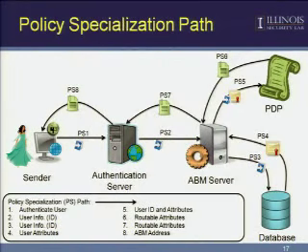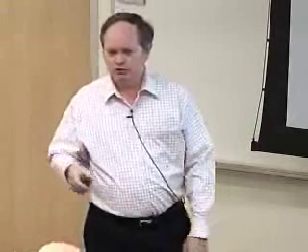So in the policy specialization path, this is how you compose an ABM address and also get your permission to send the message. Okay? And so the way you do this is the sender goes to the enterprise authentication server and gets a token. At the University of Illinois, we have some special thing called BlueStem that does this. It could be Kerberos or something else.